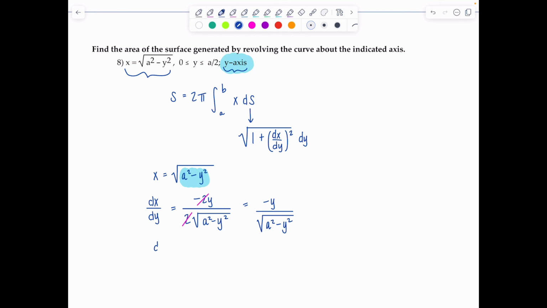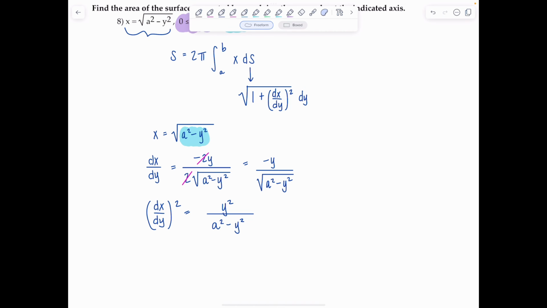So that means (dx/dy) squared would be y squared over, now no more radical, a squared minus y squared, okay? So from here, let me just add 1 and get everything set up. So 1 plus (dx/dy) squared would be 1 plus y squared over a squared minus y squared.